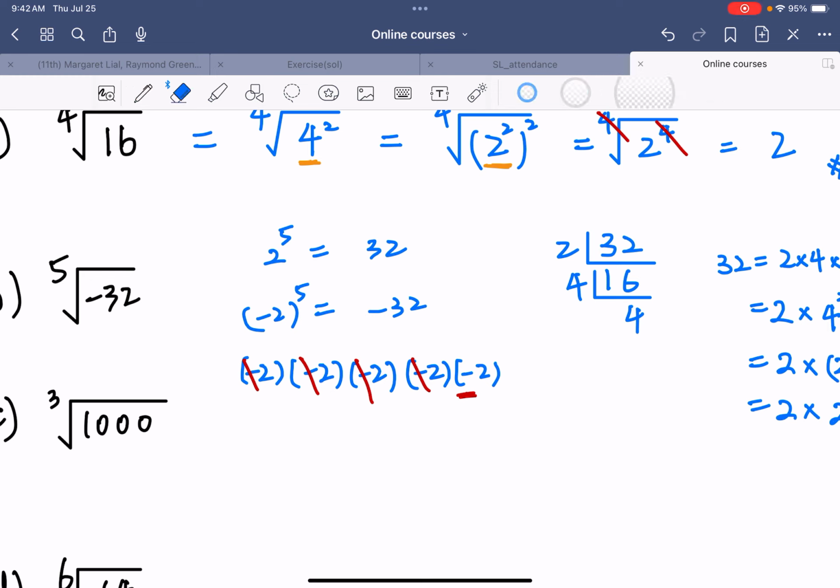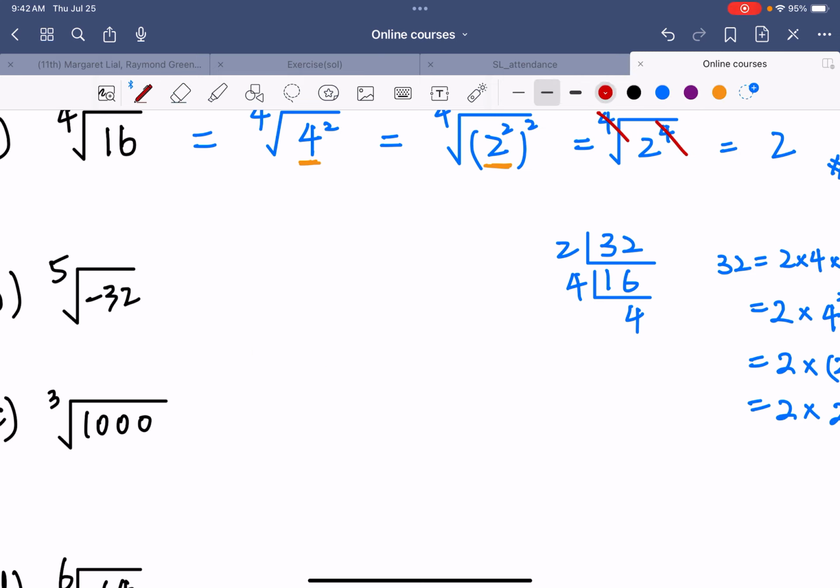Okay, so the answer for this one will be -2. So we can write, not red, -2, and this will be our answer.